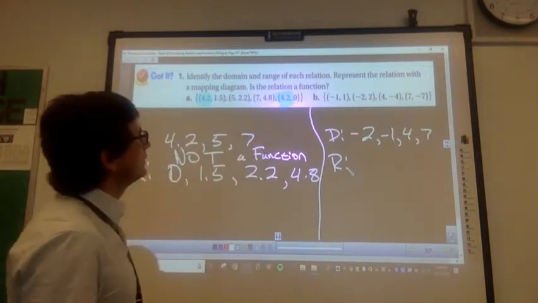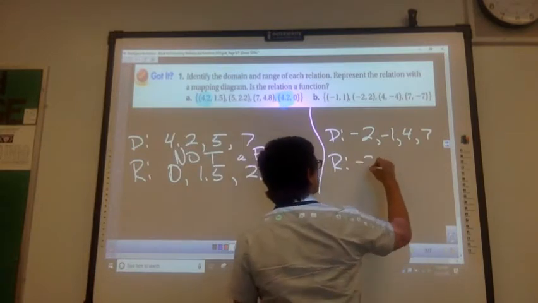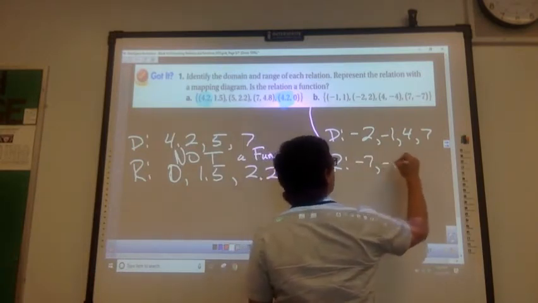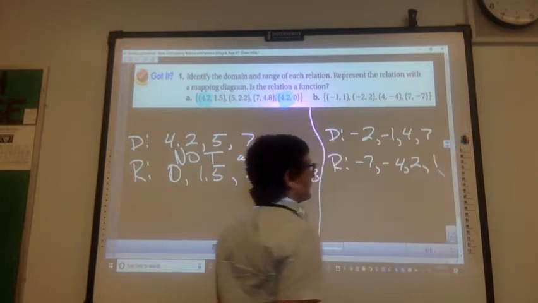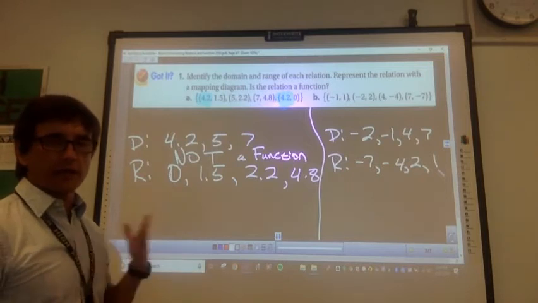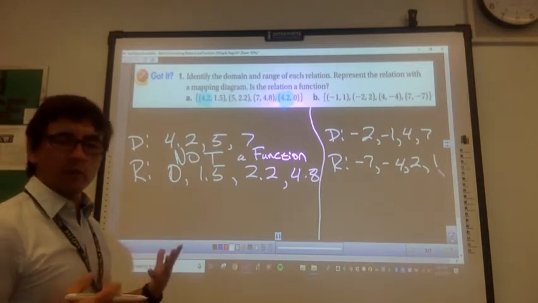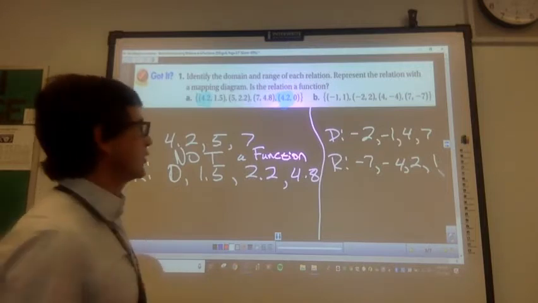Range here, we go -7, that's the smallest range value, then -4, then 1, then 2. So when you do problems like this in the textbook or for me on a quiz, they're not going to give you more than 4 or 5 ordered pairs. We're not going to give you like 20 of them. It would be annoying.